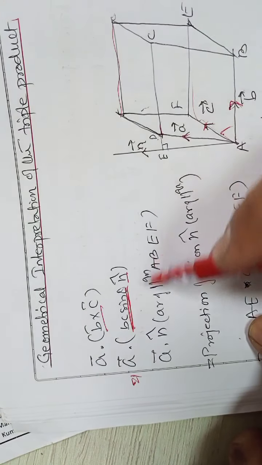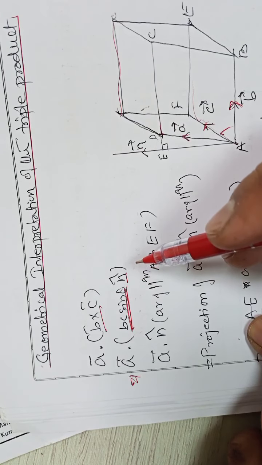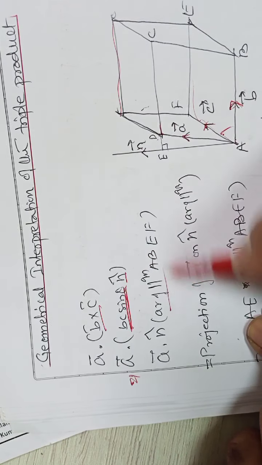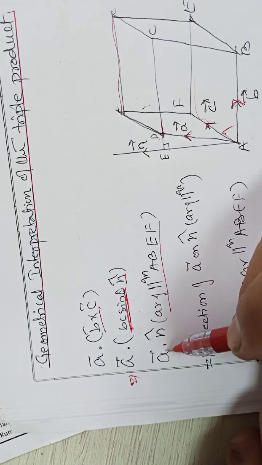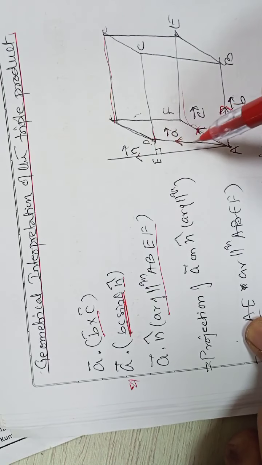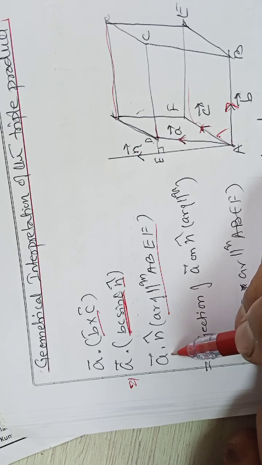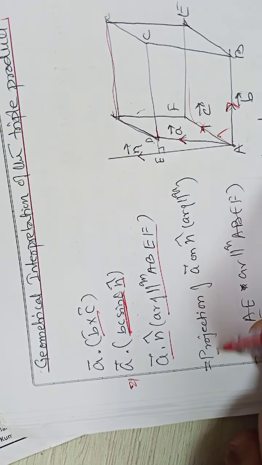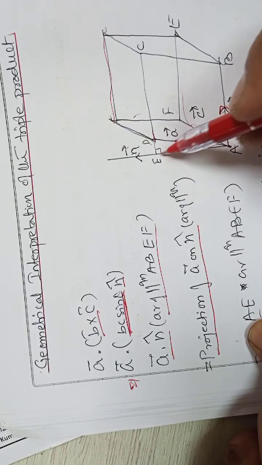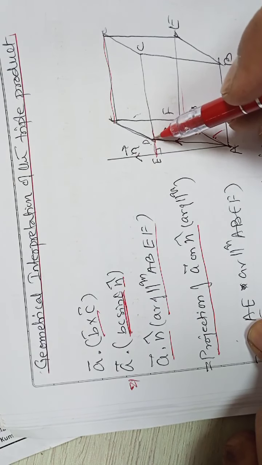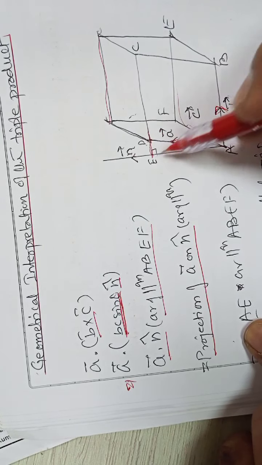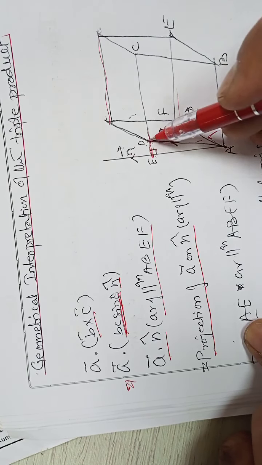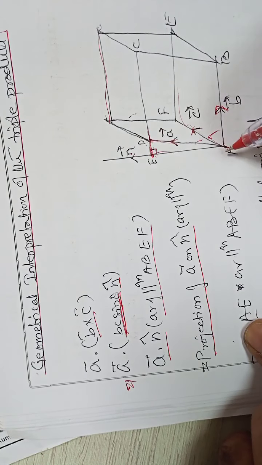BC sin theta is the area of the parallelogram, which we have already discussed. Now A dot n cap will be the projection of vector A on n cap, that is, this height AE. If we draw a perpendicular, this is the projection.